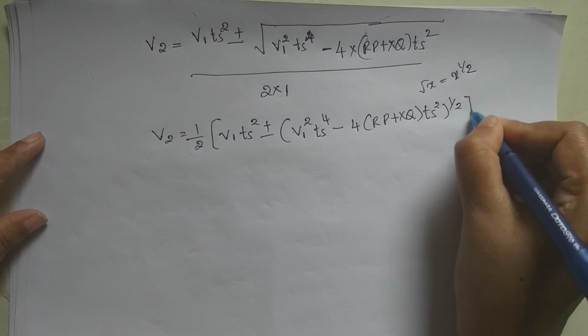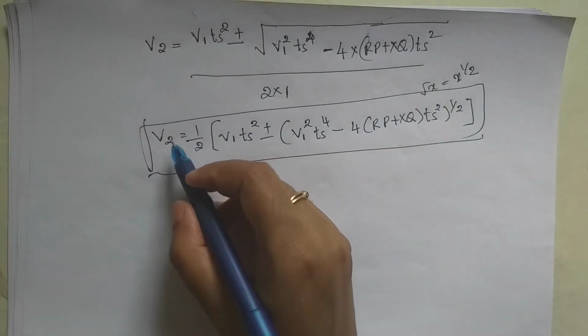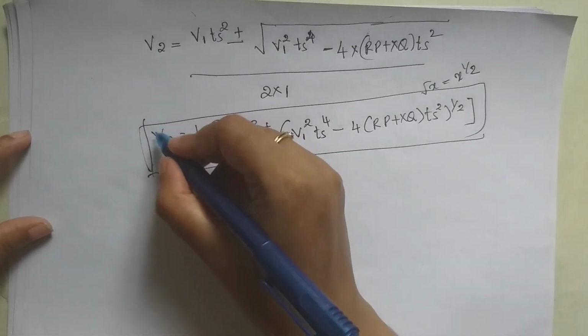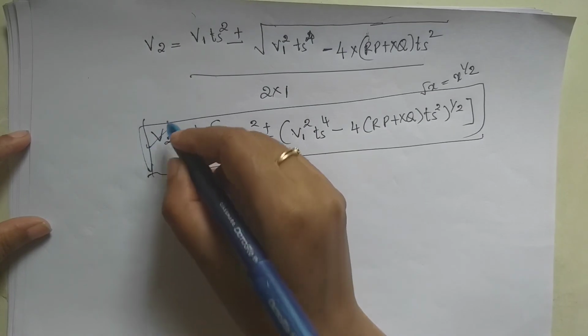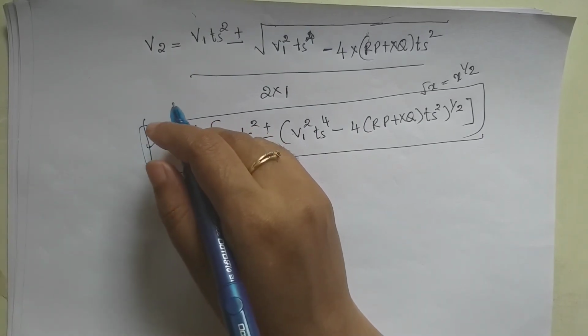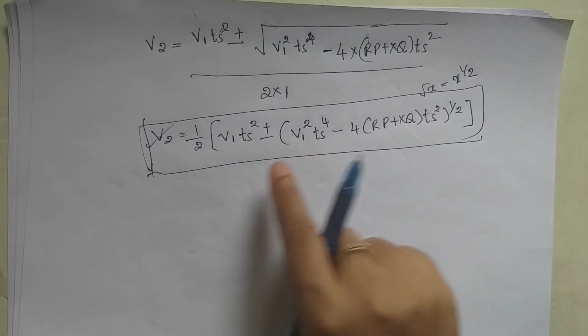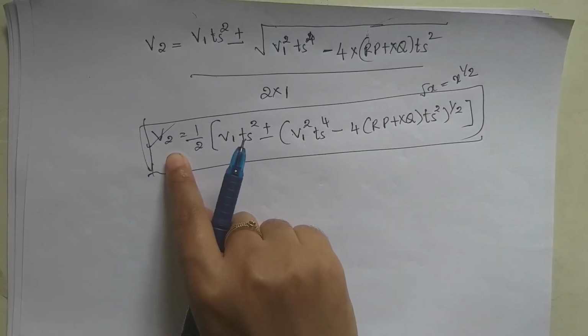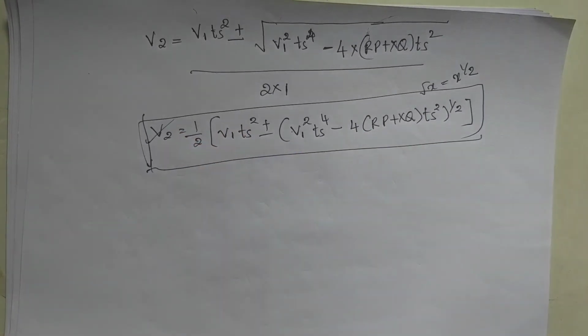This is the equation. Using this we get the voltage at the receiving end. By changing the transformation ratio, the voltage in the secondary of the circuit is varied and thus the voltage is controlled. Thank you.